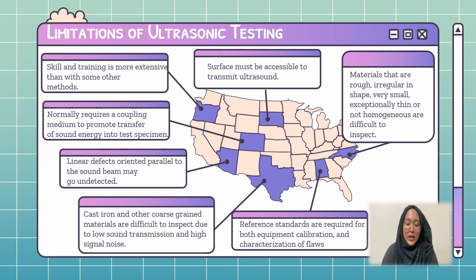Normally, it requires a coupling medium to promote transfer of sound energy into the test specimen. A linear defect oriented parallel to the sound beam may go undetected, and cast iron and other coarse-grained materials are difficult to inspect due to low sound transmission and high signal noise.